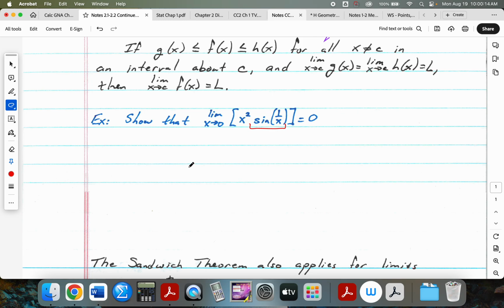So that means that if I replace this with -1, I can say x squared times -1 is always going to be less than or equal to x squared times sine of 1 over x, which is always going to be less than or equal to x squared times +1.